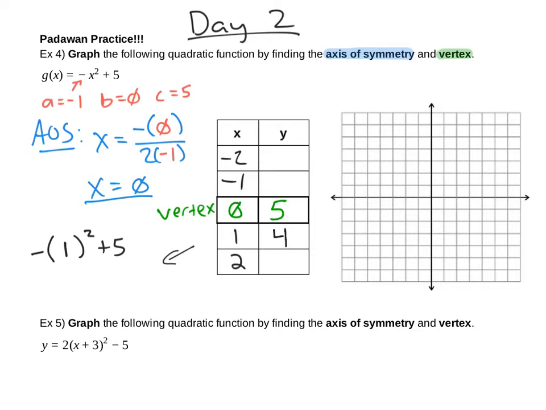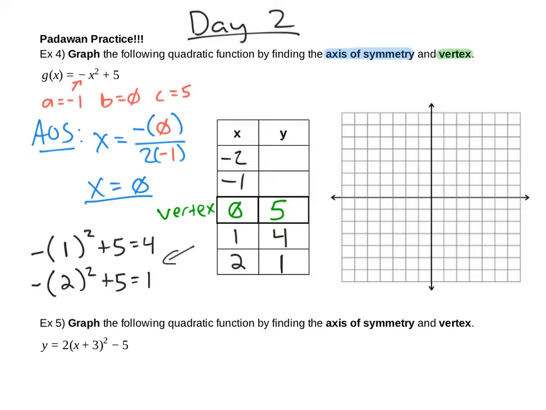So 1, 4 should be our first output there. 2. Again, you could use parentheses, build a table on your calculator. Plugging in 2 would give you positive 4, but that's a negative 4 now because of the outside negative. And negative 4 plus 5 is 1. So there are the outputs for 1 and 2.